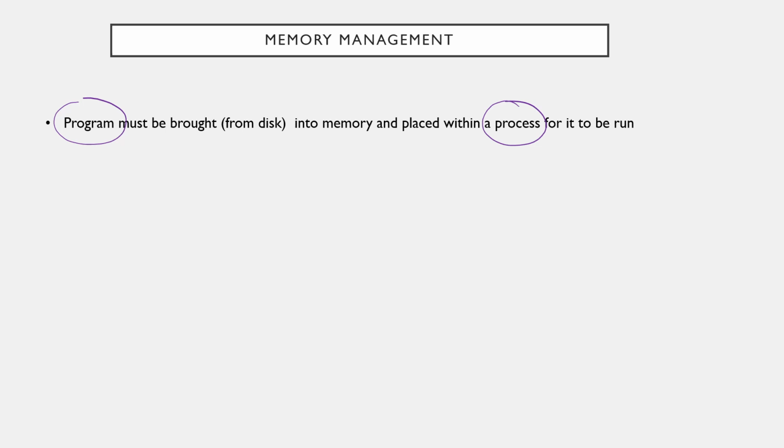So when you take a program that is just static and sitting there not doing anything, and you turn it into an active entity, your operating system needs to do a lot of things. It needs to bring it into memory, and it turns it from a program which is inactive into a process which is active.